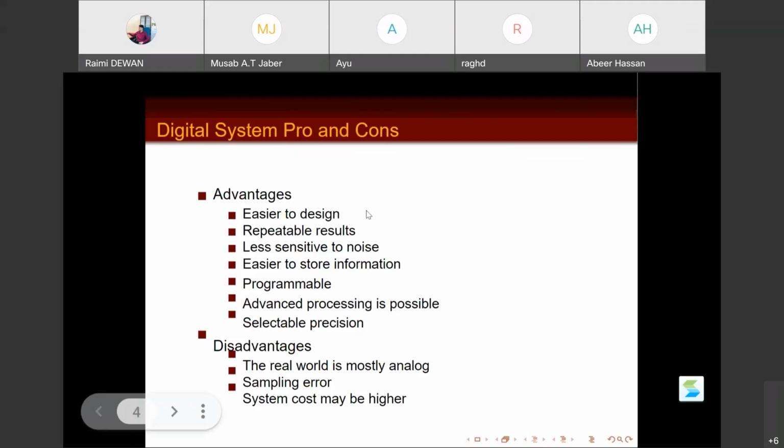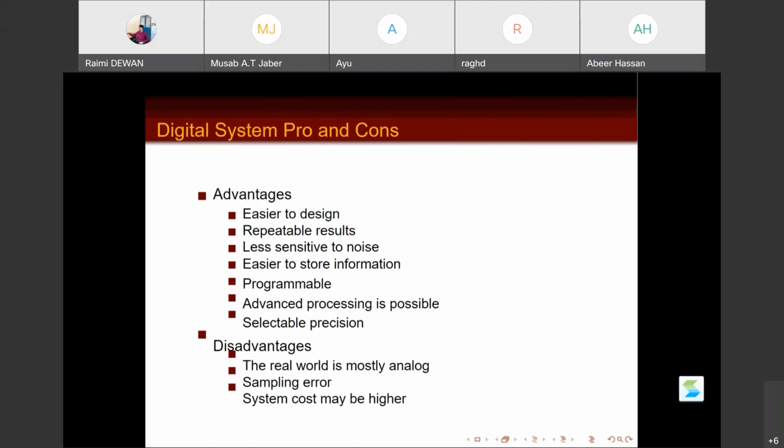But in an analog system, maybe you achieve a result 10 weeks ago, but if you want to do it now, maybe the result is different, no longer the same. For example, you measure the temperature in analog. Maybe 2 weeks ago it was 10.1 degrees Celsius, but if you measure again, maybe you will not get 10.1.